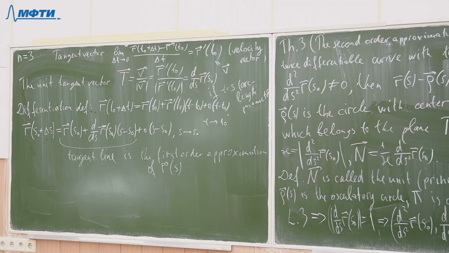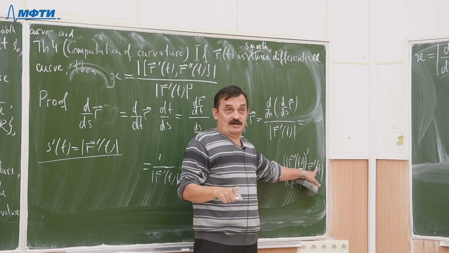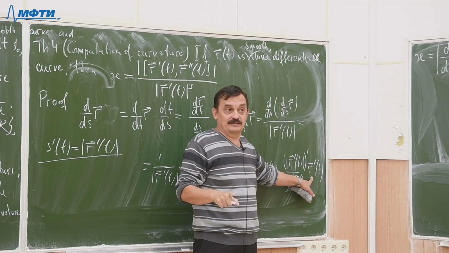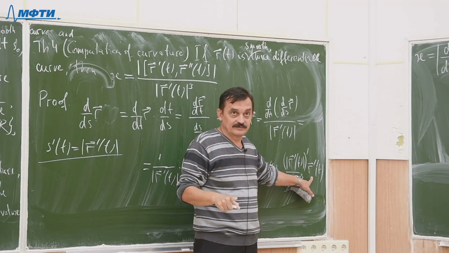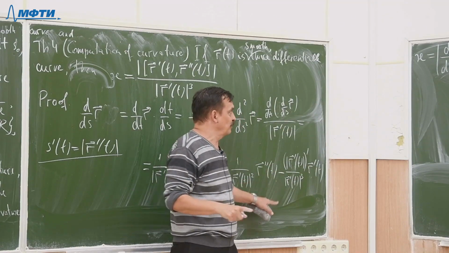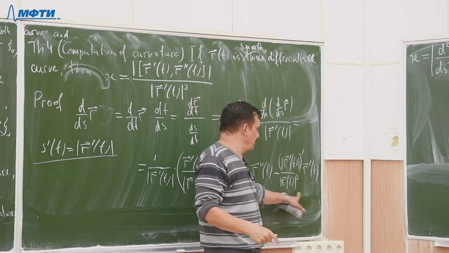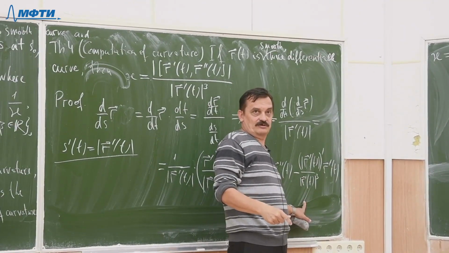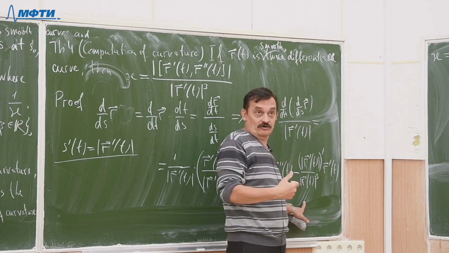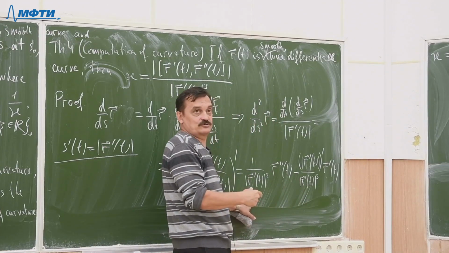So when we take the vector product of r prime with r prime, we obtain 0, right? So it means when we compute this vector product and substitute this expression, we can forget about the second term because the vector product gives 0. So we are interested only in the vector product with the first one.